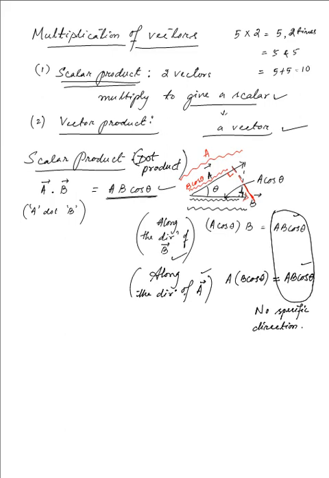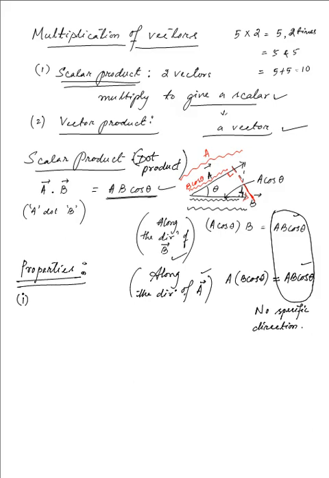Dot product of vectors or scalar product of vectors has some certain properties, of course. So the first one being that it's obviously dependent on the angle. With the variation in angles, you can get specific values.